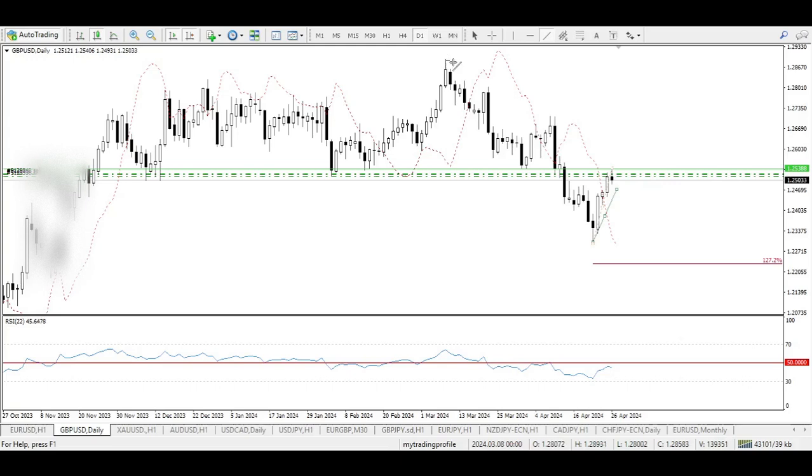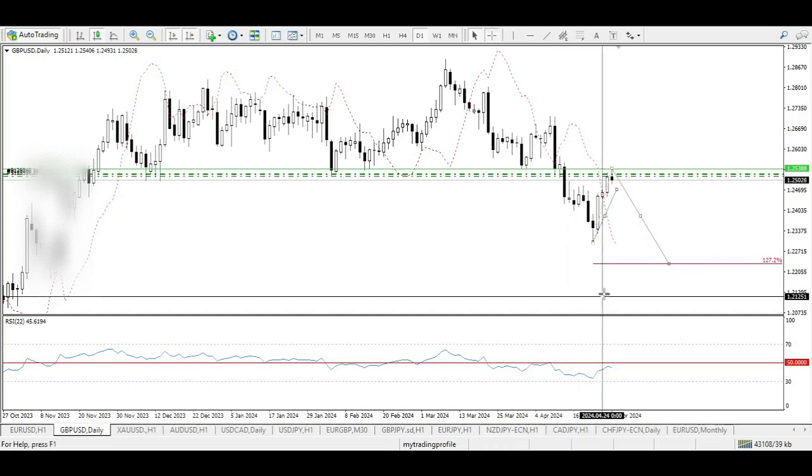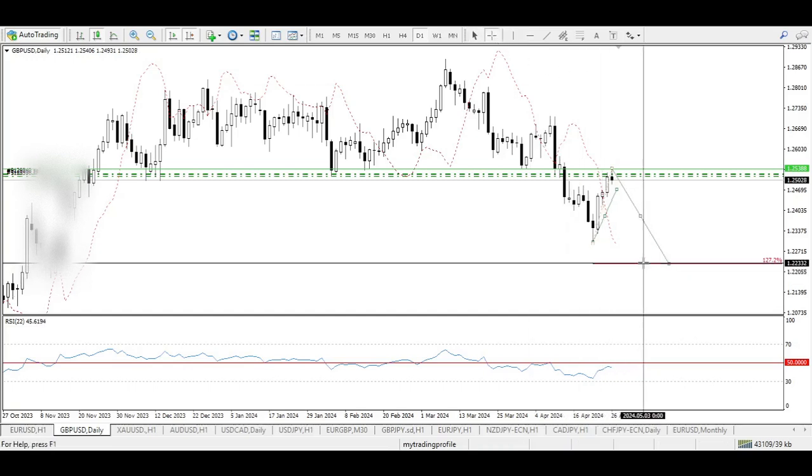For example, this will be the first drive, this is the second drive, and this can be the third drive, which will give me a target of this point. But this is so far that it will take almost a week to reach here. So it is very important to look at all the data coming in between. Tuesday will decide whether my trade can reach this area or not.